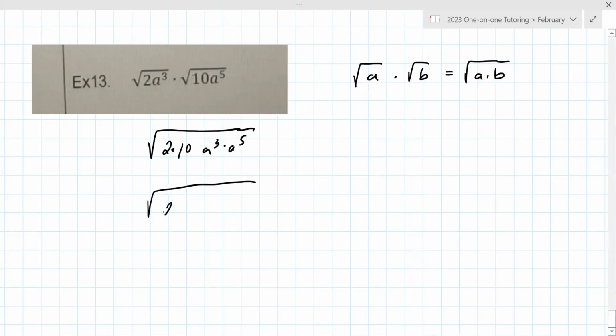So 2 times 10 is 20. a cubed and a to the 5th is a to the 8th power. So from here, this is a problem you now know how to work out.